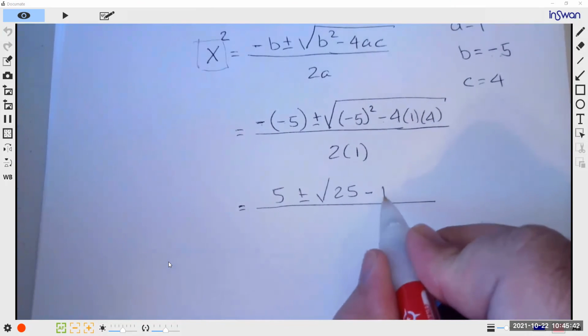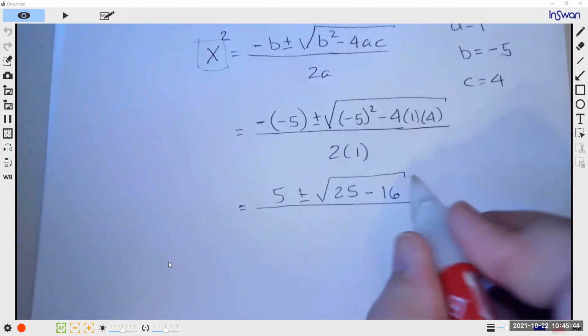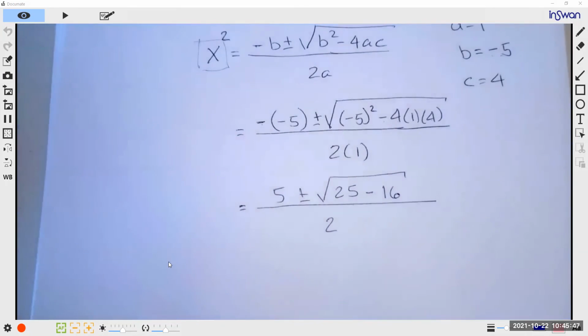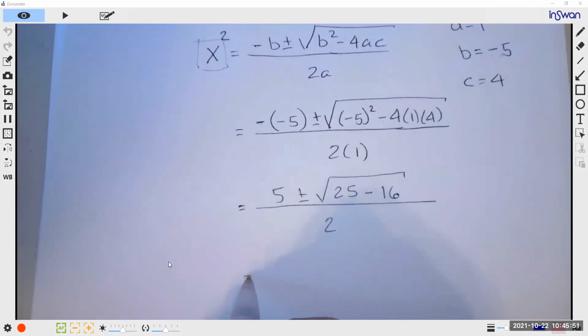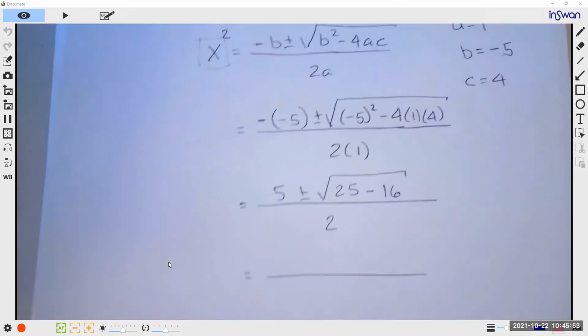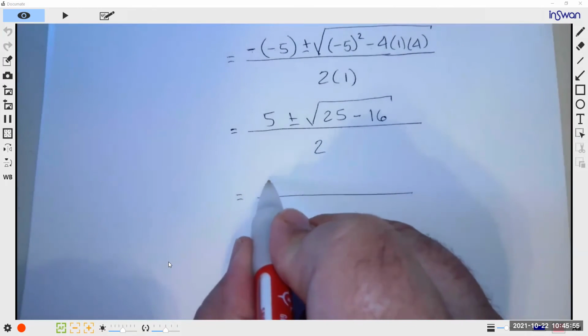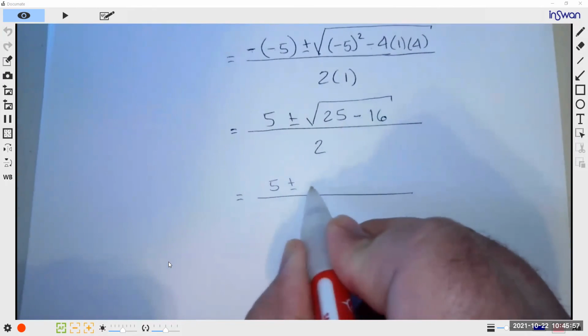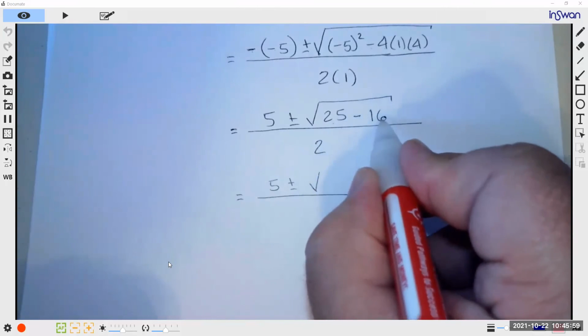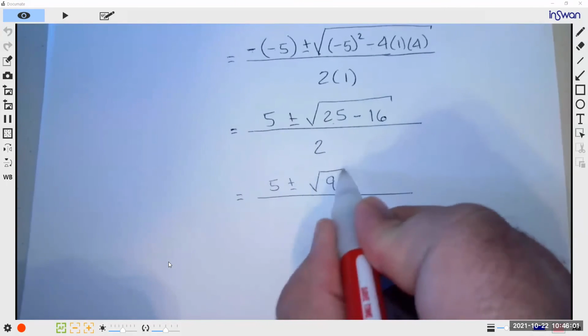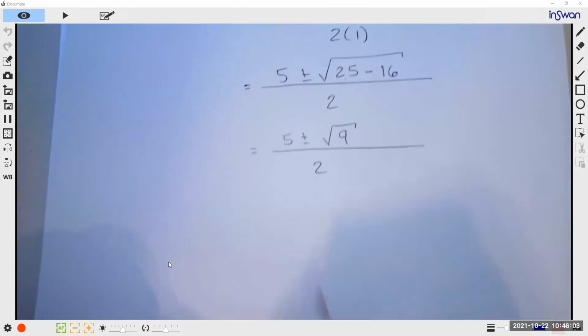Times 4 is 16. Over 2. 5 plus or minus 25 minus 16 is 9.